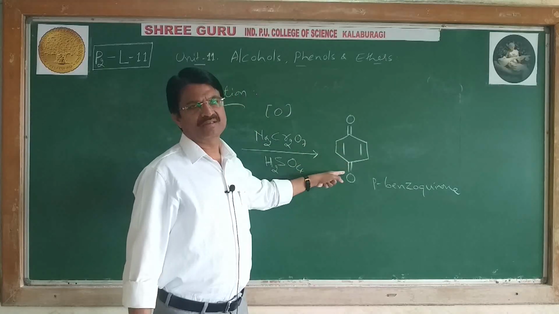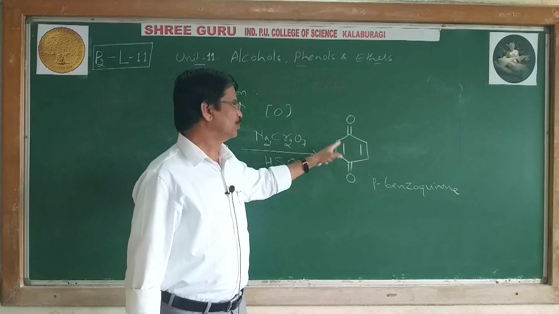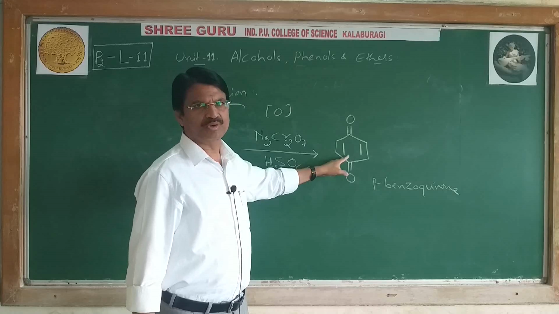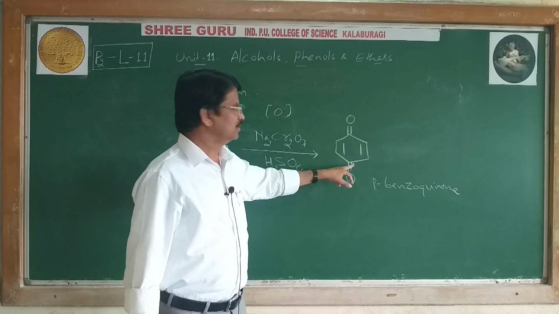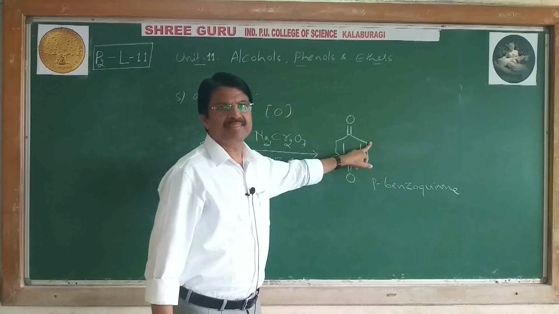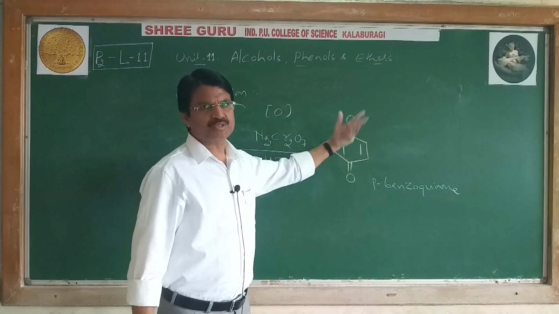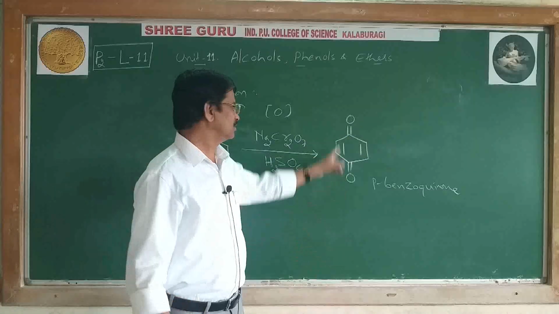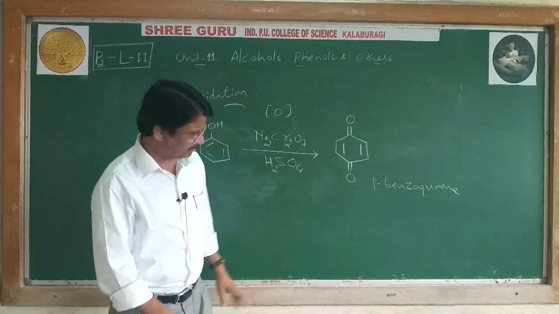It is para-phenoquinone, para-benzoquinone, or 1,4 quinone. If it is present at 1,2, it is called orthobenzoquinone. But the major product is para-benzoquinone.